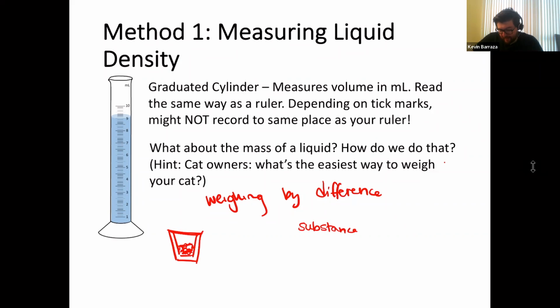Well, the substance plus the container on the scale, if we subtract the container, then we just get the substance.